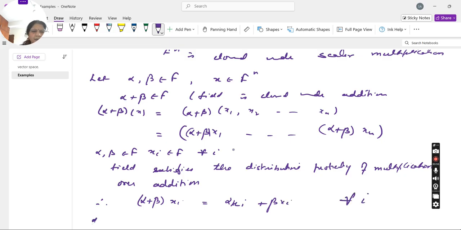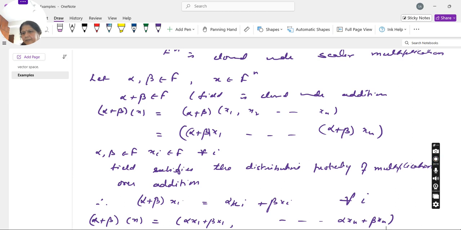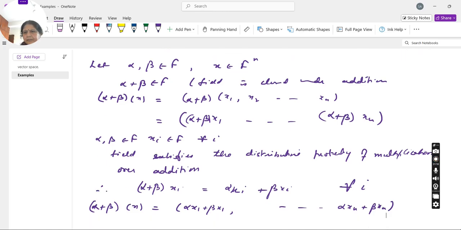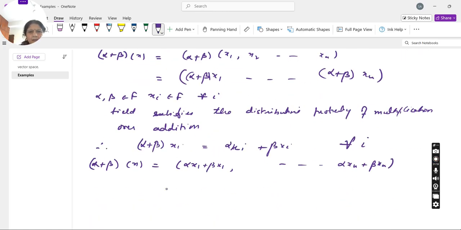And that means this (alpha plus beta) x is written as (alpha x1 plus beta x1, ..., alpha xn plus beta xn), which is further written as (alpha x1, ..., alpha xn) plus (beta x1, ..., beta xn).